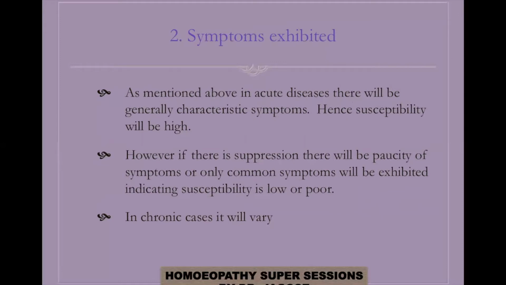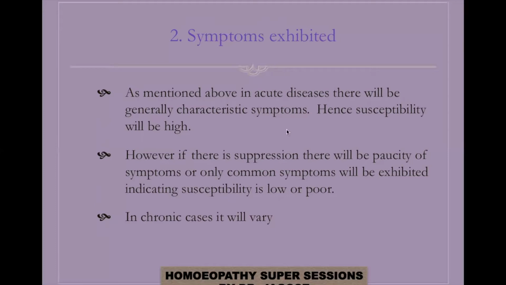Now, second point, symptom exhibited. As I told you, in acute diseases, there will generally be characteristic symptoms, hence the susceptibility will be high. However, if there is suppression, there will be paucity of symptoms or only common symptoms will be exhibited, indicating susceptibility is low or poor.